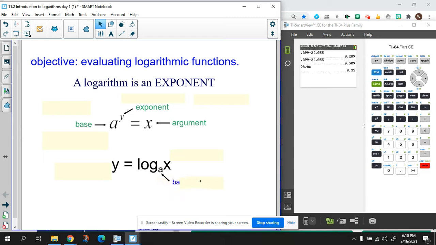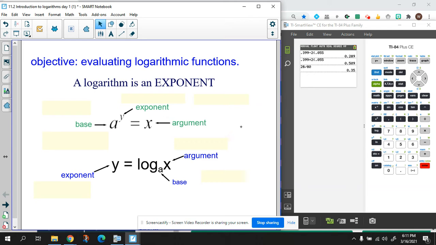But I hope you heard the word base at least twice in that phrase. This little thing down here is the base, and in exponent world, this thing was the base. The answer to a logarithm is an exponent. So what used to be up here as the exponent is now going to be the answer to your logarithm. And then this has a special name. We're going to call that the argument.